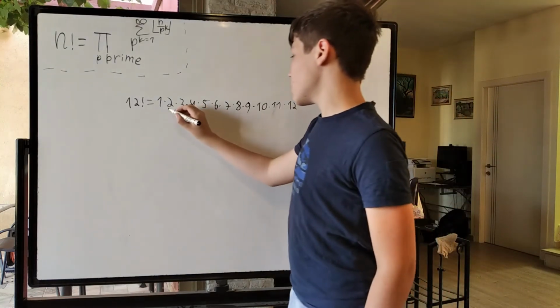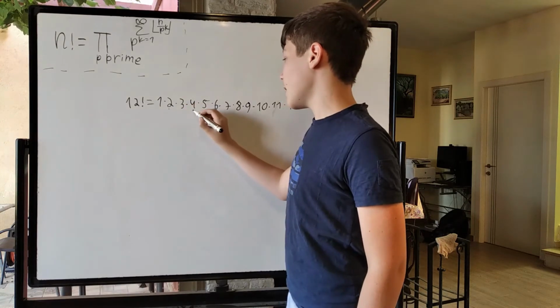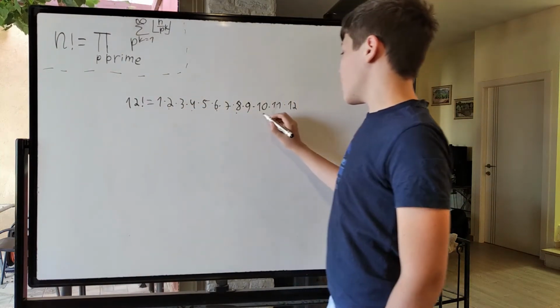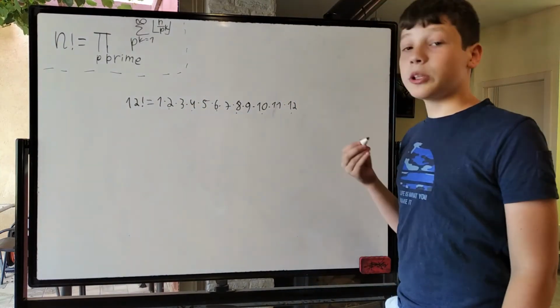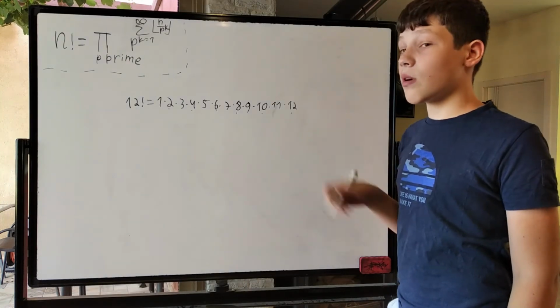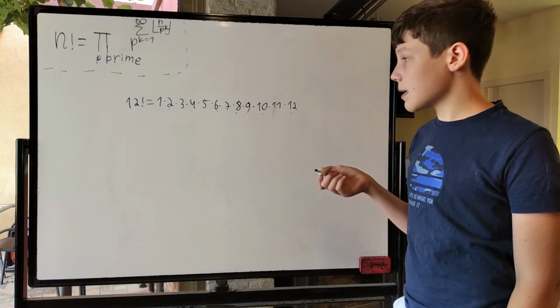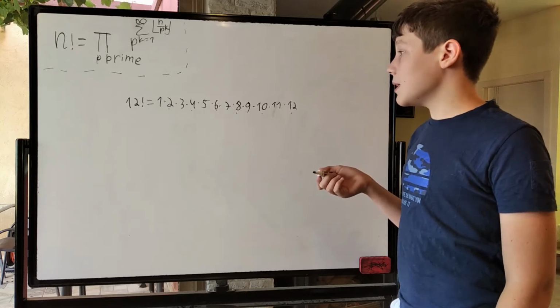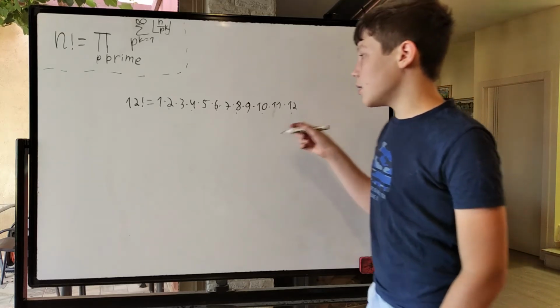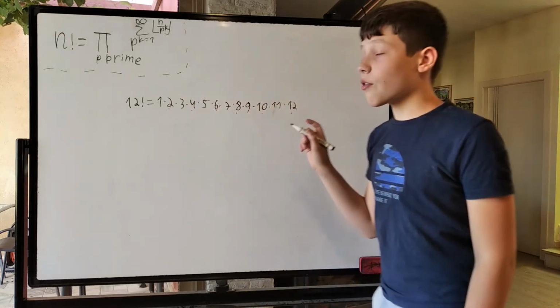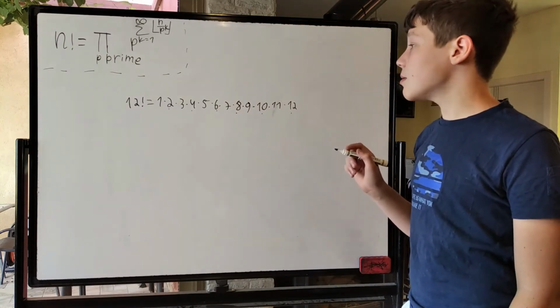So that means we need to account for all of these, which by our formula we can simply say the floor of 12 divided by 2, which is 6. That means that we're accounting here for 6 2's.